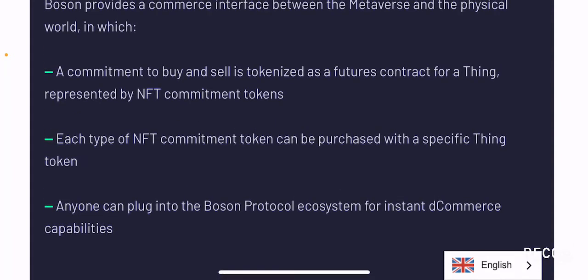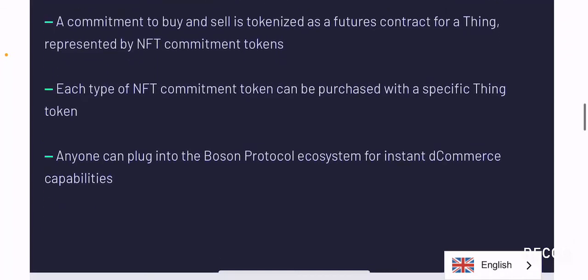So whenever you commit to buy and sell, let's say, a commodity, it is tokenized as a futures contract for a thing, and it's represented by an NFT commitment token. So that is going to be tokenized as a commitment for buying and selling, right? That's how it works at the back end.